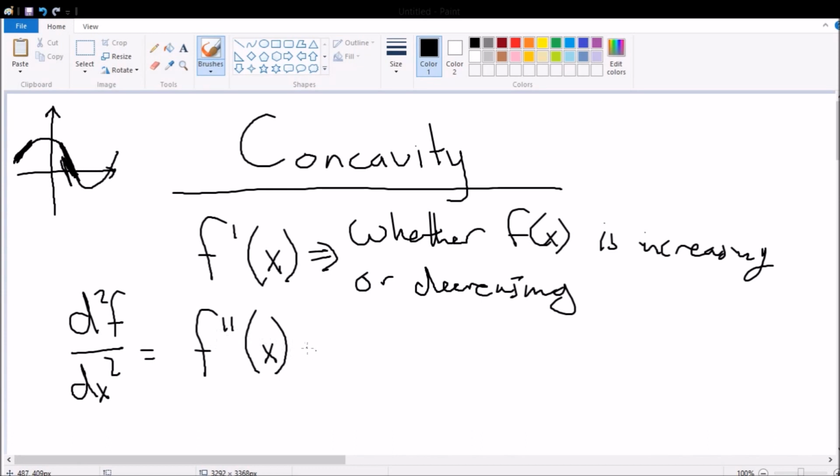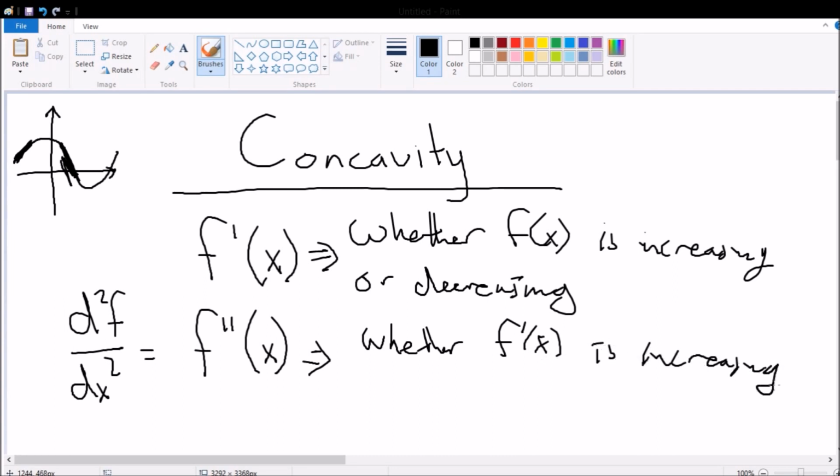So f double prime is the derivative of f prime, so it should describe whether f prime of x is increasing or decreasing. And this is when we talked about how f double prime describes whether the slope is increasing or decreasing.